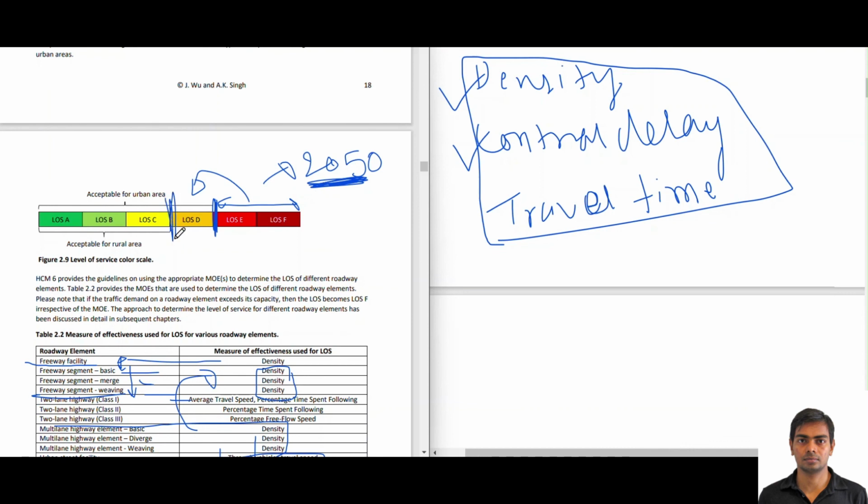And the acceptable level of service for rural areas is level of service C. This is from Texas guidelines, which should be common through other states as well. So these acceptable levels of service are usually for the design years, which are in the future.